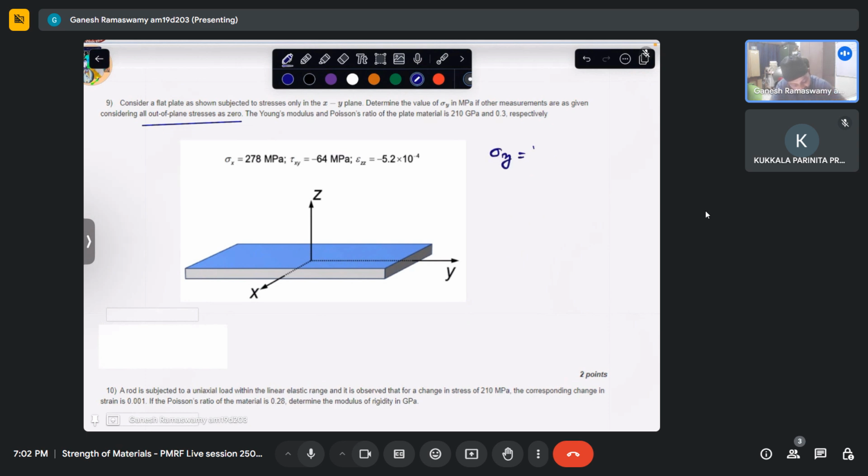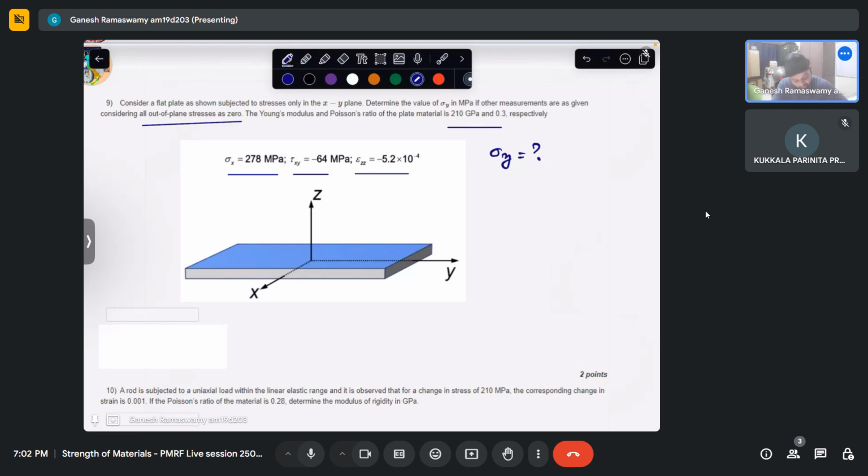So what is sigma y? In the question it is given sigma x is 278, tau xy is minus 64, and epsilon zz. Stress being absent in the out of plane direction does not naturally imply that strain will be absent, because of Poisson's effect. The Young's modulus and Poisson's ratio for this plate material are 210 and 0.3.